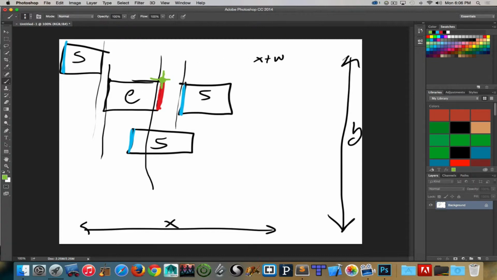Now we compare that to the left edge of my sprite. It's either going to be where the left edge is bigger than that point, so they're not intersecting, or it's going to be less than that point, which means they could be intersecting.